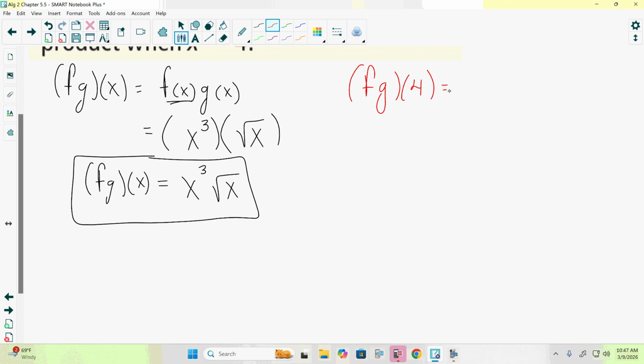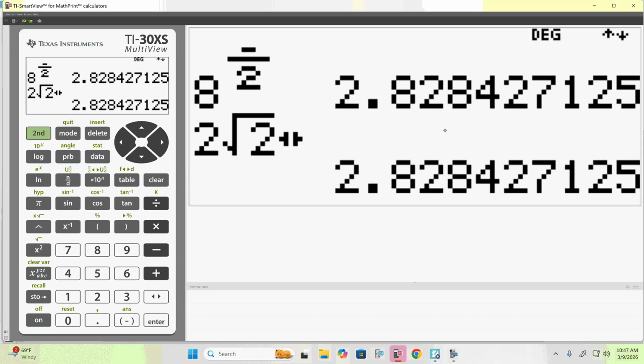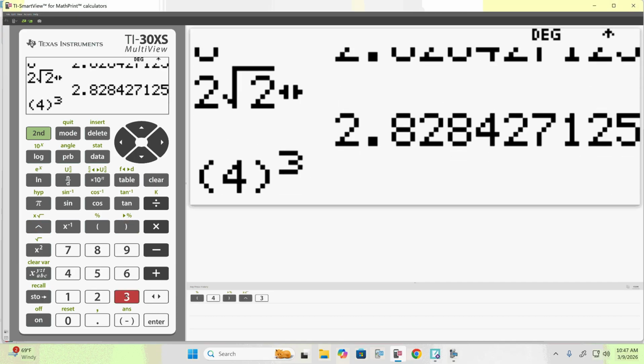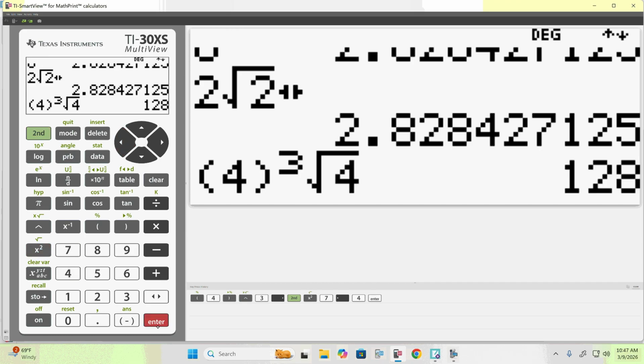All right, guys, focus on. So then it asks us to evaluate when x is 4. So we're going to replace every x in our f times g of x with 4. So we'd have 4 cubed times the square root of 4. Now we can do this in a calculator, and it is going to be 128.